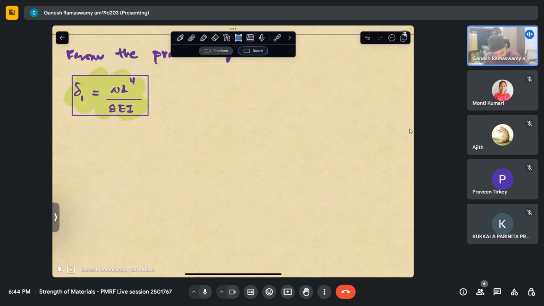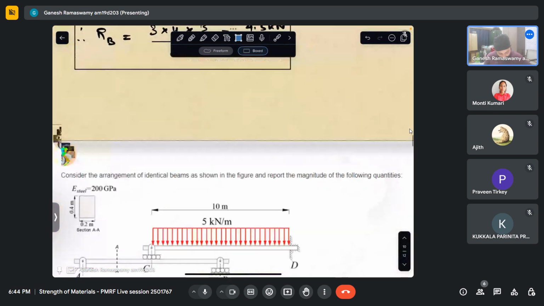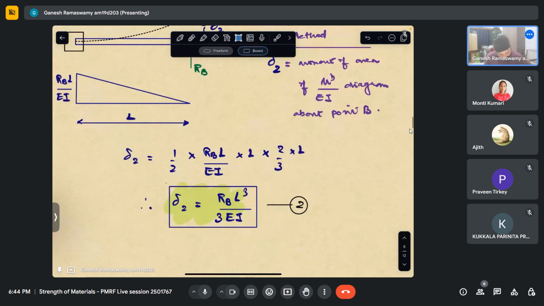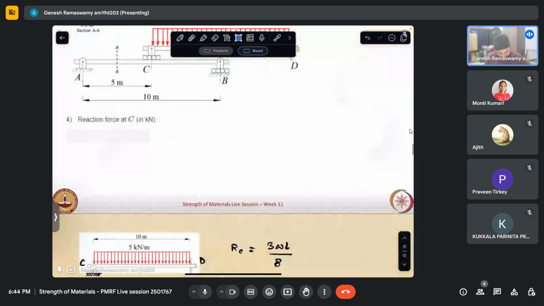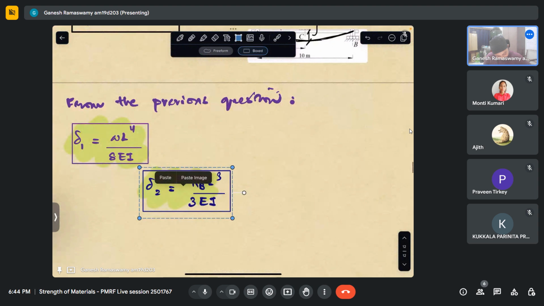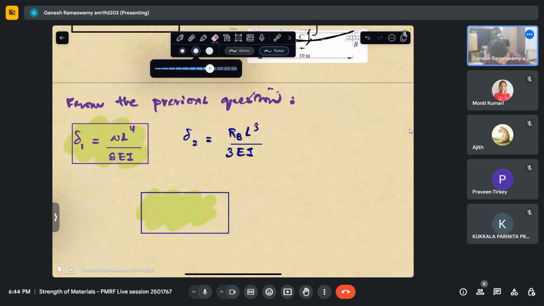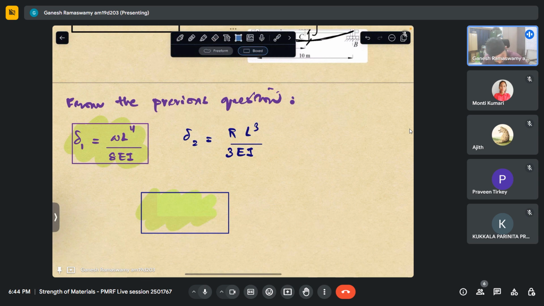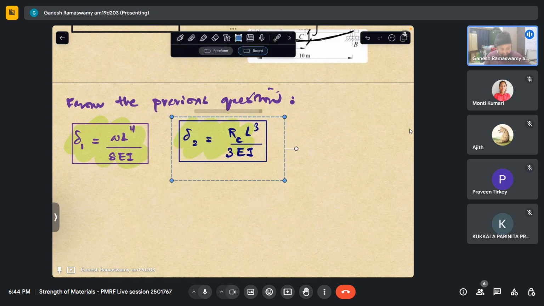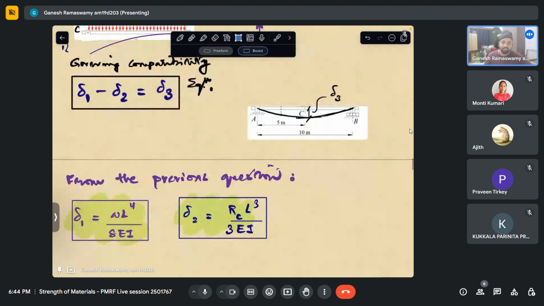Similarly, delta 2 is this, with the minor change that it is no longer RB but RC. So I hope you are able to appreciate that. So delta 1 and delta 2 we already know. Now it is just a matter of calculating delta 3 and then putting them into this equation in order to calculate the rest of the quantities. So let us go ahead and calculate delta 3 first.